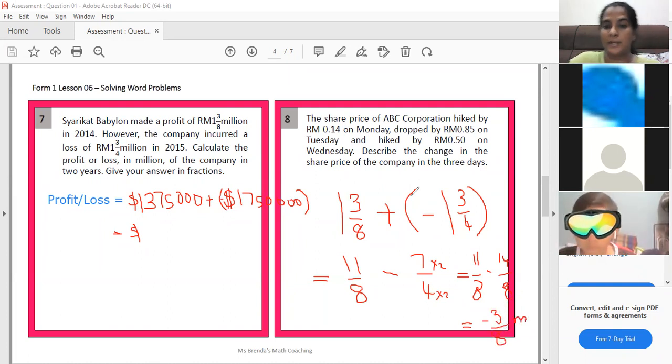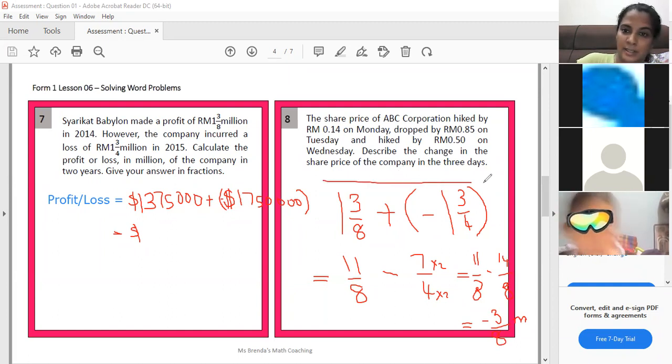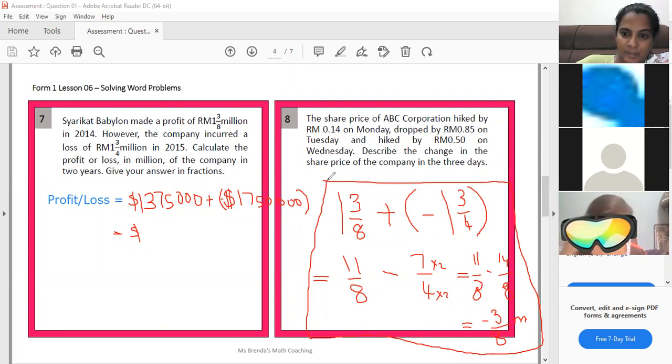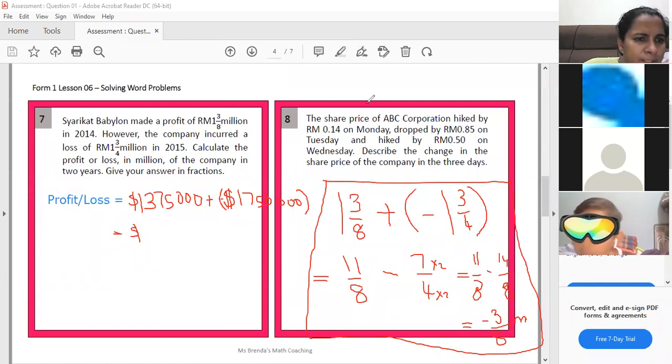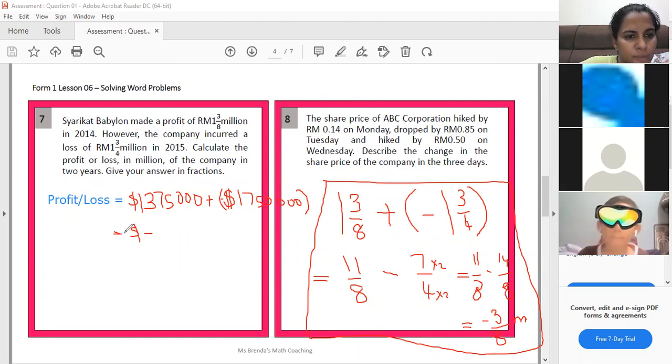Now, if you want to answer it as fractions, then your calculation will look exactly like this. All right. Now, where are your answers? Let me see. Negative 375. That's right, Fahim. Only one person answered me. So, put your negative in front. 375,000.